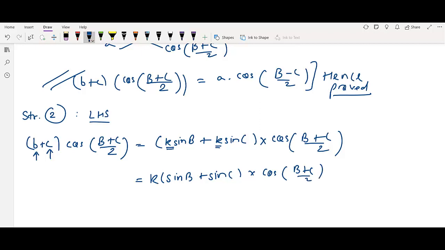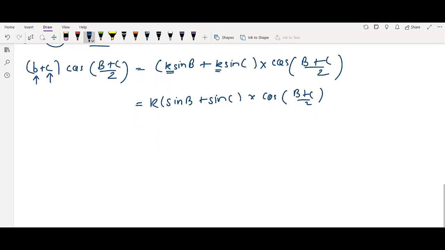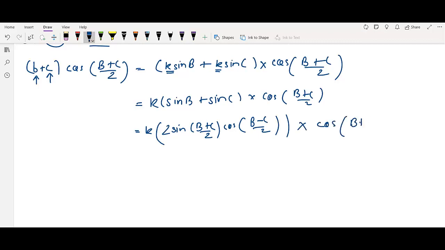Okay, now again I can apply the sine b plus sine c identity here, which will yield something like 2 sine b plus c by 2 cos of b minus c by 2 into cos of b plus c by 2.